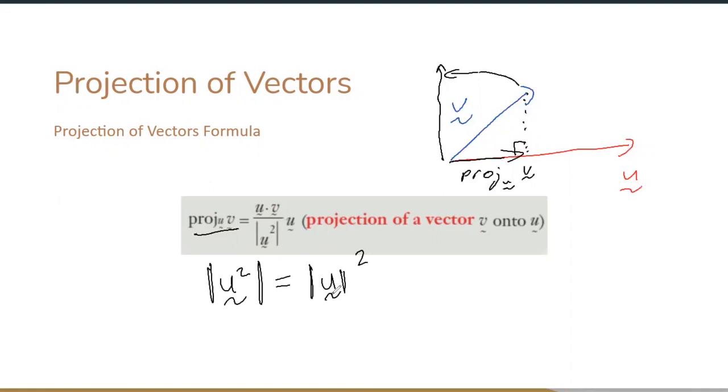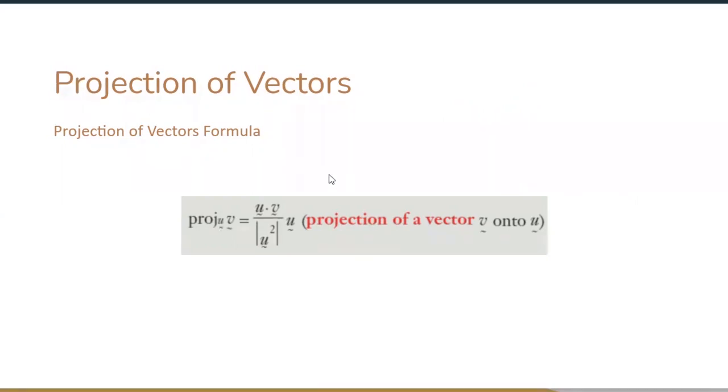And then we just have to square it, which is really easy, rather than trying to figure out what it means to square a vector, because you haven't really learned enough about vector multiplication to understand what that would look like. So what we're going to be doing here is we're just going to find the magnitude, and then we're just going to square it. It's going to be really easy.